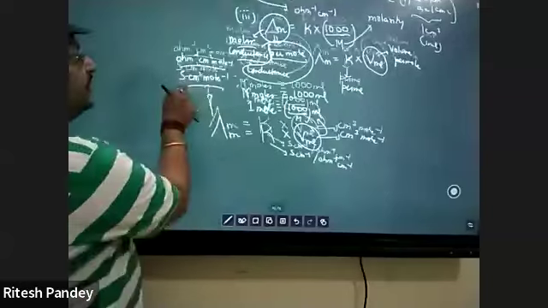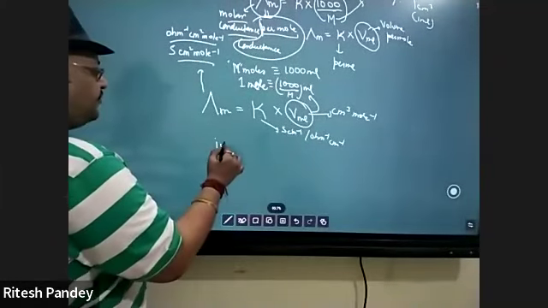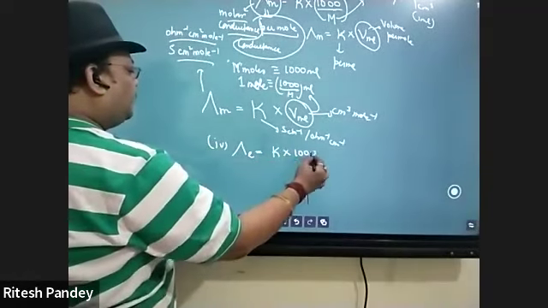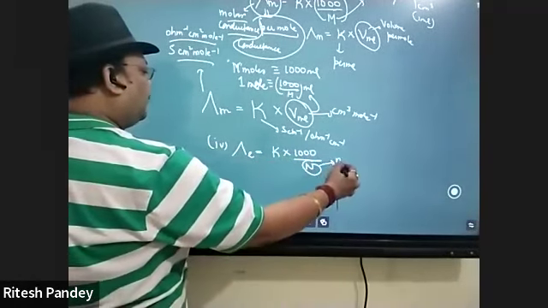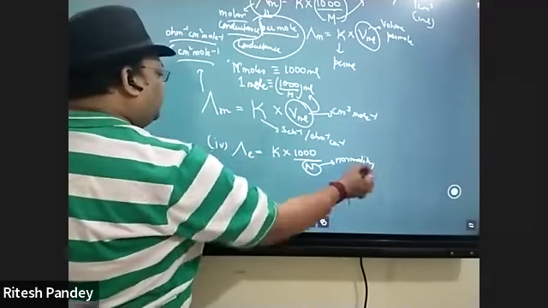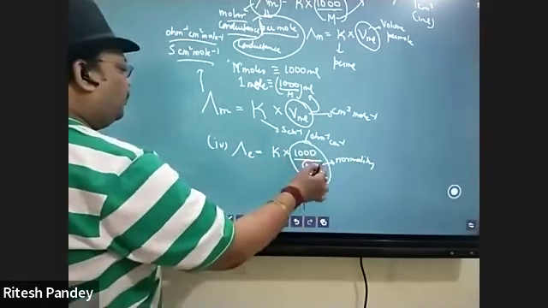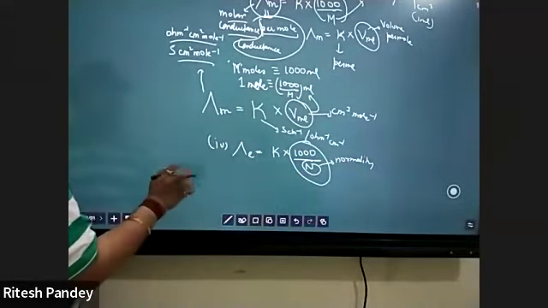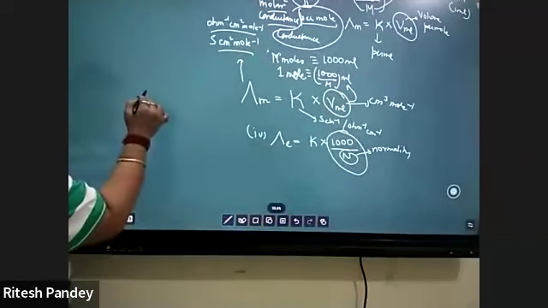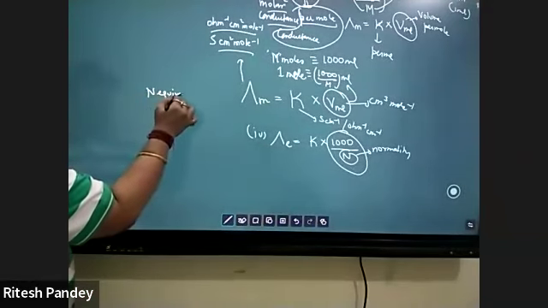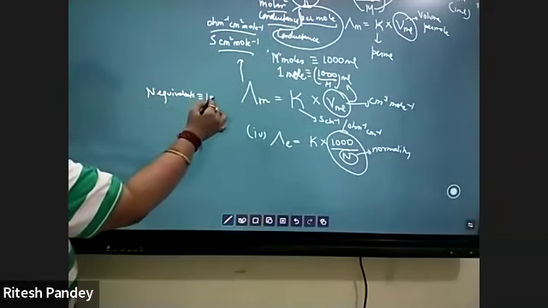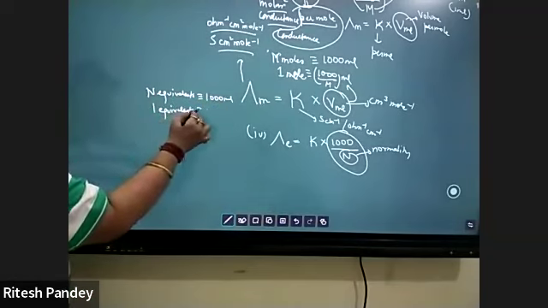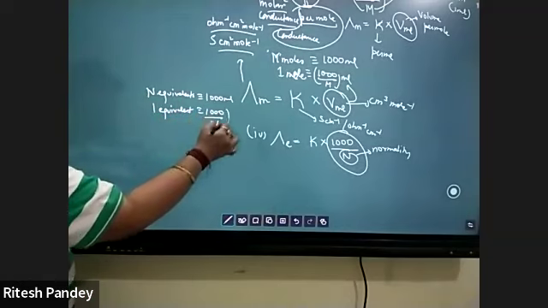Whatever you do for molar conductance, you do exactly the same for equivalent conductance. Equivalent conductance would be kappa into 1000 by N, where naturally N is the normality. This time it's the effective volume holding one equivalent of the solution. If the solution is N normal, there are N equivalents in 1000 ml, so there is going to be one equivalent in 1000 by N ml.